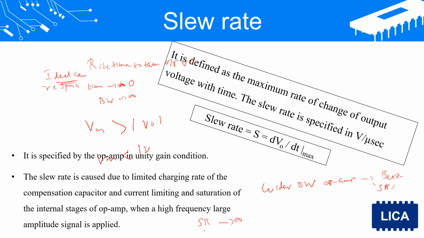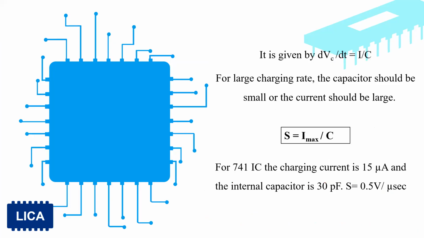For a practical case, SR will be from 0.1 volt per microsecond to 1000 volts per microsecond. This is ideal, this is practical. For better performance, SR should be higher.